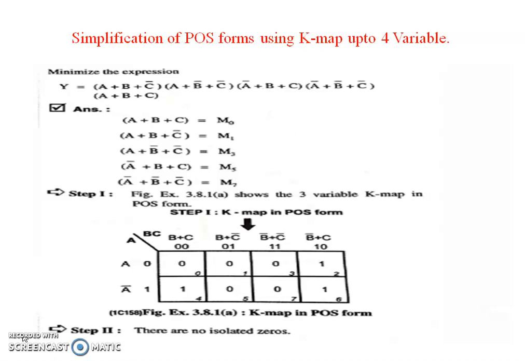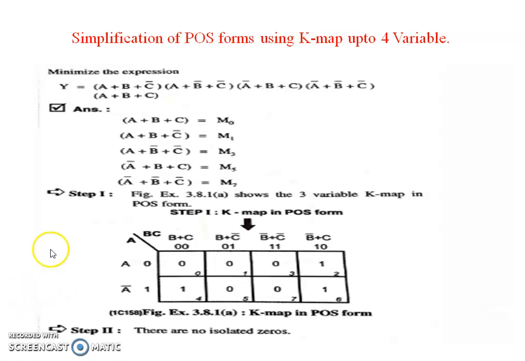Always remember, product of sum is a Boolean expression that consists of OR terms, that is sums, that are ANDed together. Sum of product is a Boolean expression that consists of AND terms that are ORed together, and in product of sum, OR terms are ANDed together.